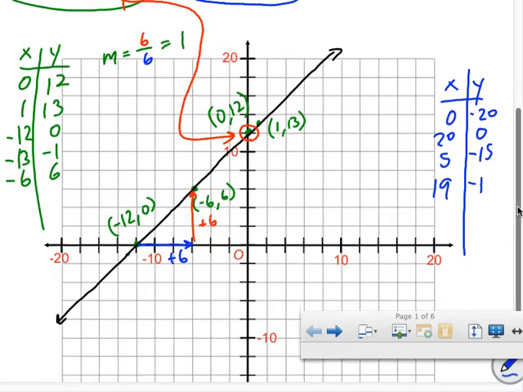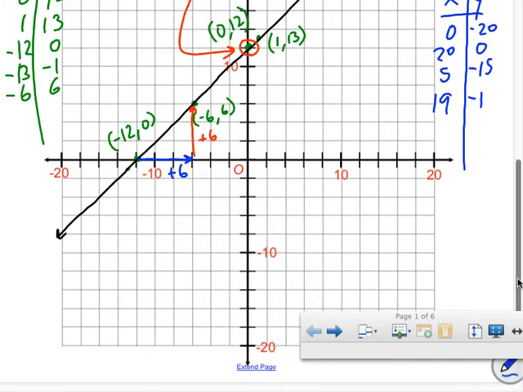Okay, so let's go ahead and graph this. At 0, I'm at -20. So (0, -20). At 20, I'm at 0. Right? So at 20, my output is 0. At 5, my output is -15.